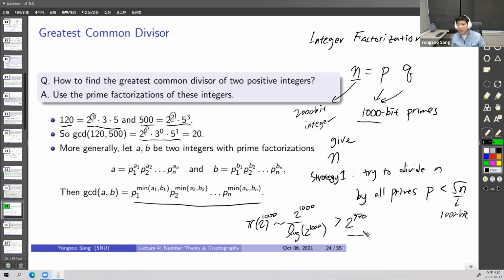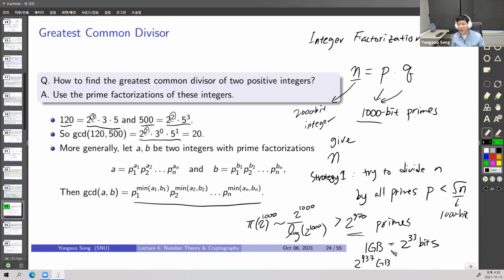And it's physically impossible to just store or find this many primes because, roughly speaking, 1 gigabyte is 2 to the 33 bits. So if you want to store this many primes, then you need 2 to the 37 gigabytes.